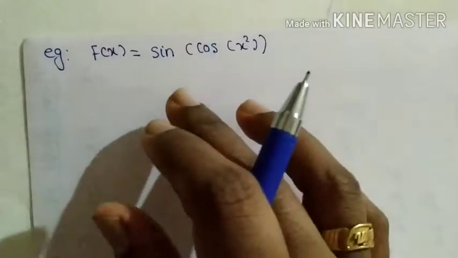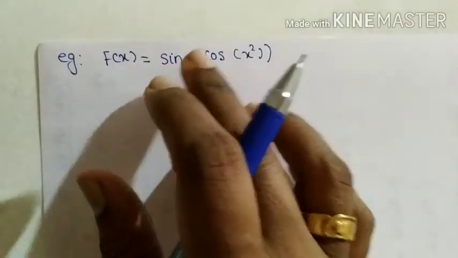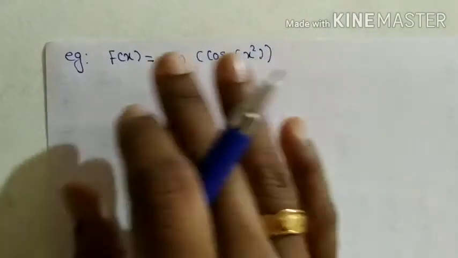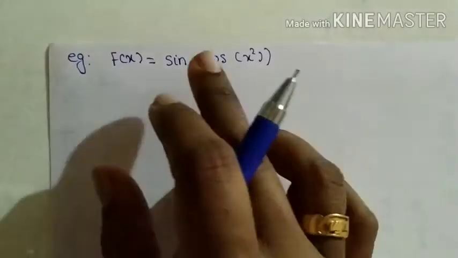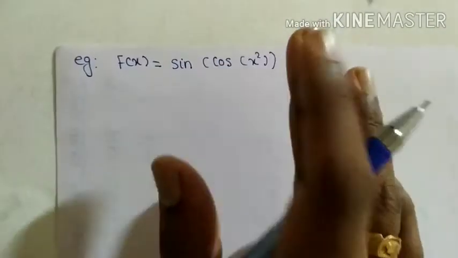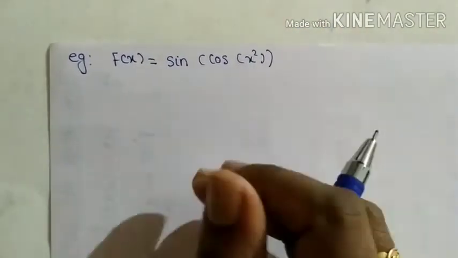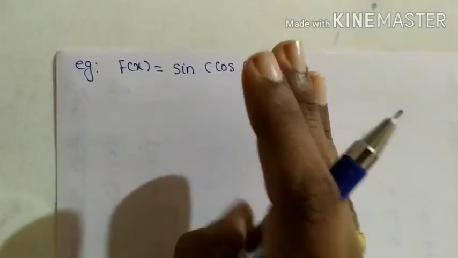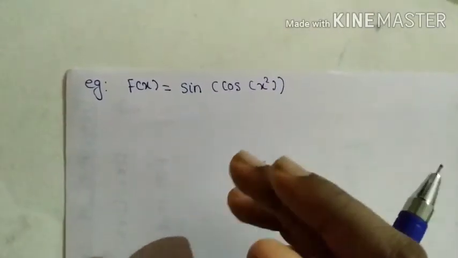This is our next example. f of x equal to sine of cos of x square. Here we can see that this question consists of three functions: sine x, cos x and x square. Three standard functions, right?